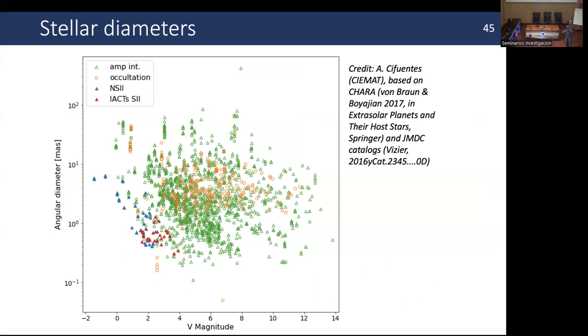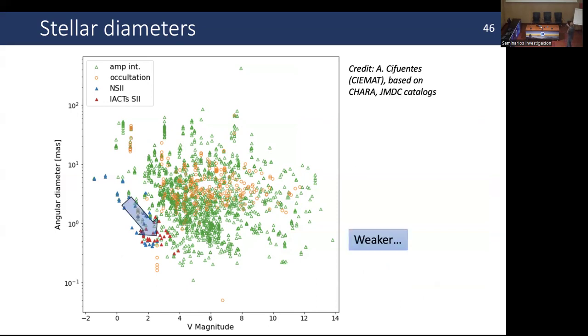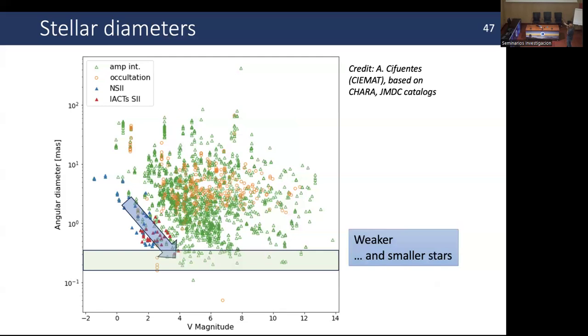So you may argue why we need a new instrument for this. The reason is that with intensity interferometers, we can explore this area here, where we will go to weaker and smaller stars down here with diameters of only 100 or 200 microarcseconds.